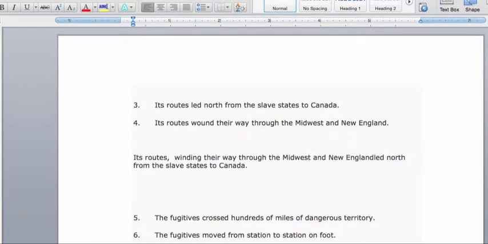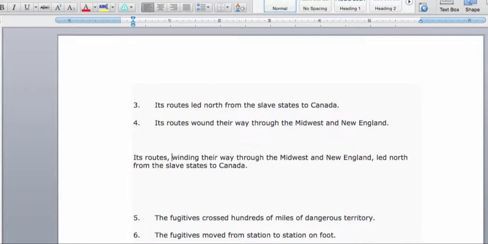Because I've destroyed the subject, verb, separated them, I have to put in the commas. The roots, winding their way through the Midwest and New England, led north from the slave states to Canada.